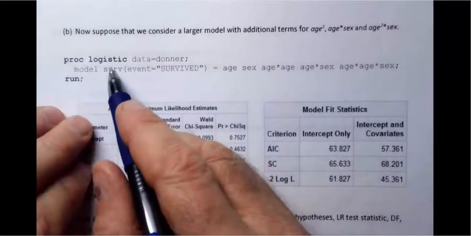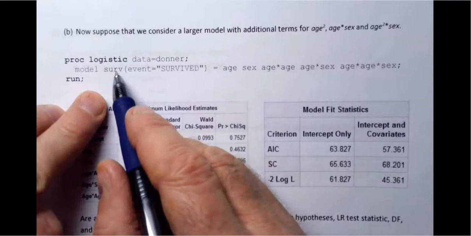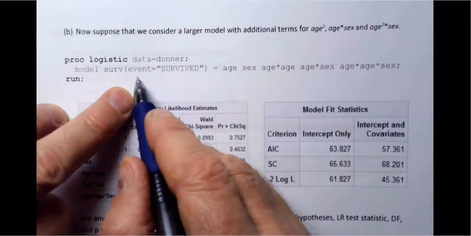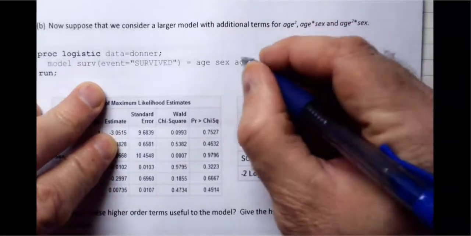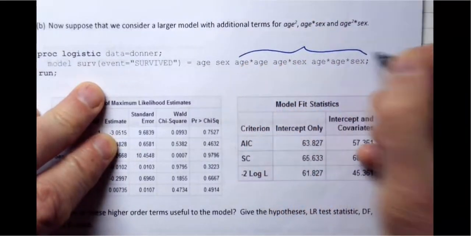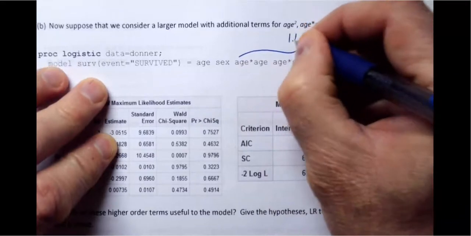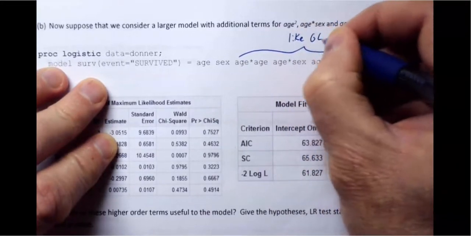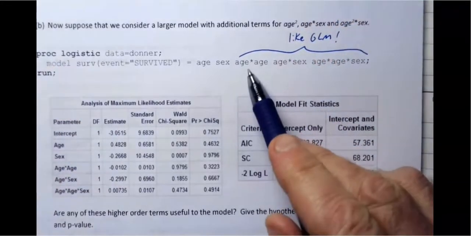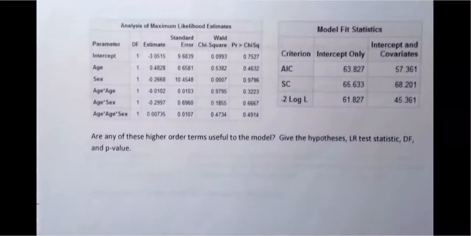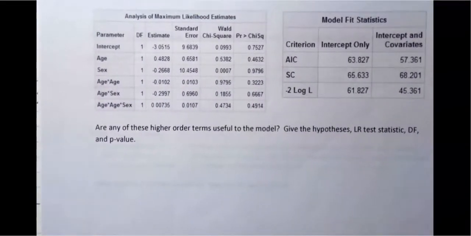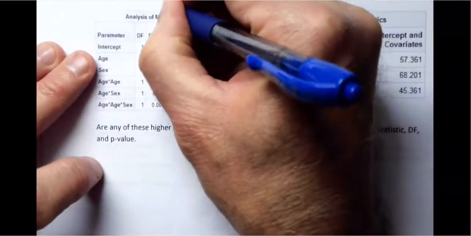Note that I'm again modeling event equals survived. I can write that out just like proc glm. I can put the age squared terms directly in the model. I don't have to define them ahead of time like I did for proc reg. So this is my full model.